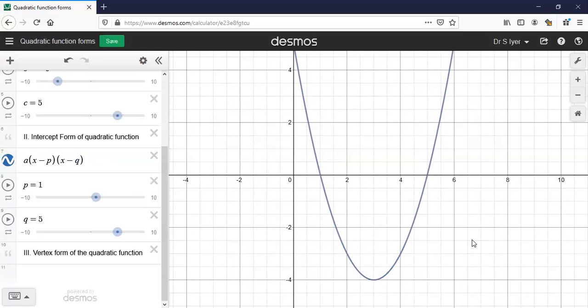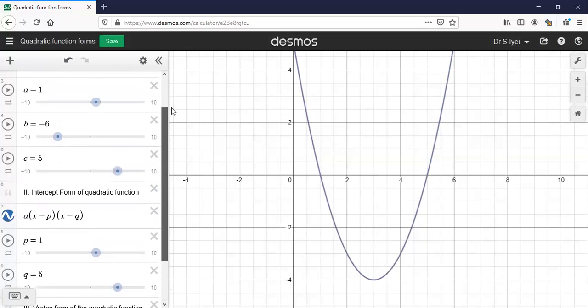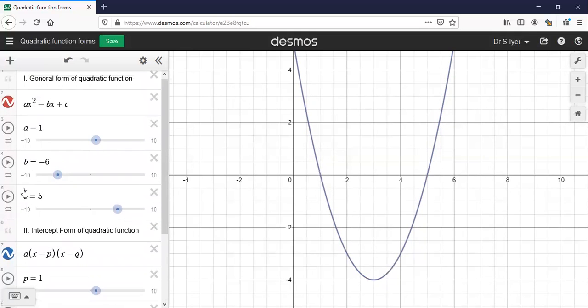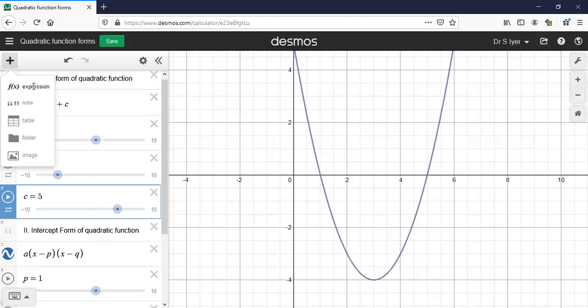Now, by the way, you want to remember that not every parabola might cut through the x-axis. There might be some that do, there might be others that don't, but we're not going to get into that for now, right? Now, the one other connection that I want to talk about, between the intercept form and the general form of the quadratic function, is to use the quadratic formula.